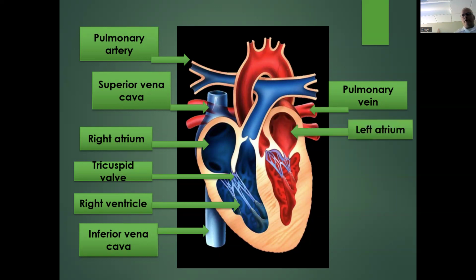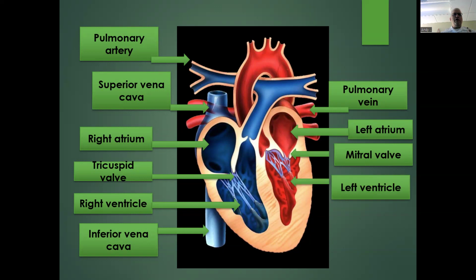Into the left atrium, through the mitral valve, into the left ventricle. And now you're ready for travel through the rest of the body. You're going to do that out through the aorta. So think about everything that goes into this heart. It only takes one of these areas for something to go wrong for it to really throw a wrench into the works. More to follow when we talk about cardiology.